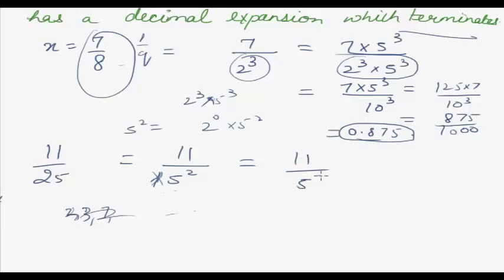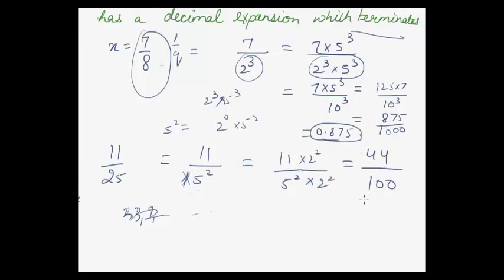Now if we perform the decimal expansion by multiplying and dividing by 2 square, we will get 44 over 100. Clearly we can easily write the decimal expansion as 0.44, which is terminating.